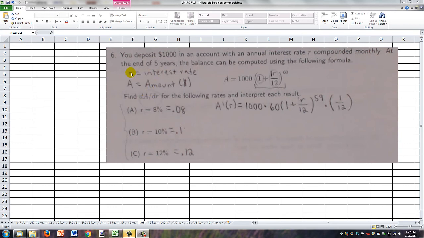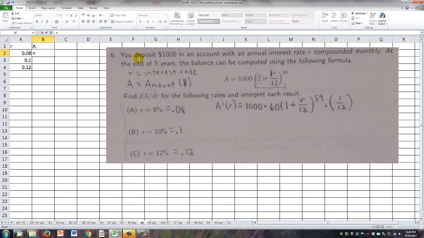Okay, so this last one I'm going to do with you. It asks for the derivative of A and to interpret each of these values. So I found the IRC. My input is R, which is interest rate as a decimal. My output is A, which is the amount of money. And I want to evaluate when R is 0.08, 0.1, and 0.12. So I'll go ahead and put those values in.